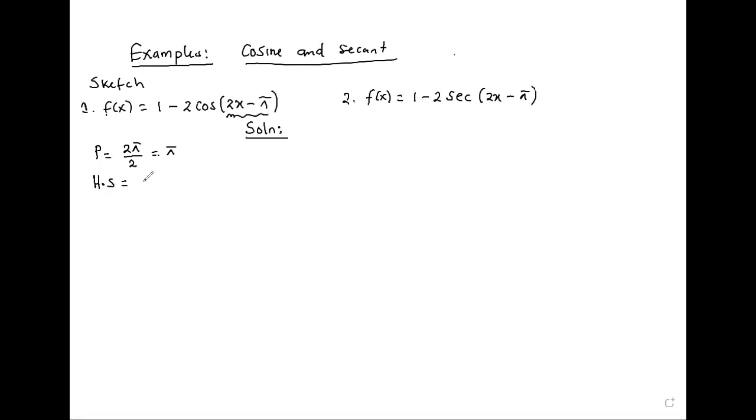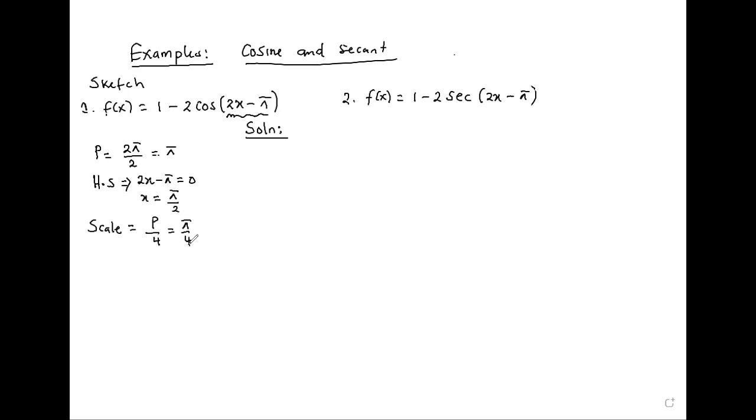So you equate 2x minus pi to 0, where we get x is equal to pi over 2. And then we get the scale. So the scale is period over 4, so we have pi over 4.